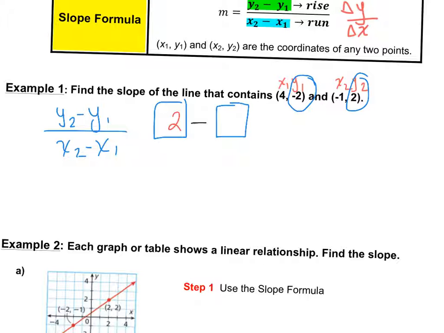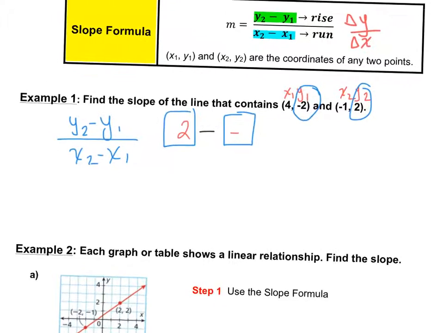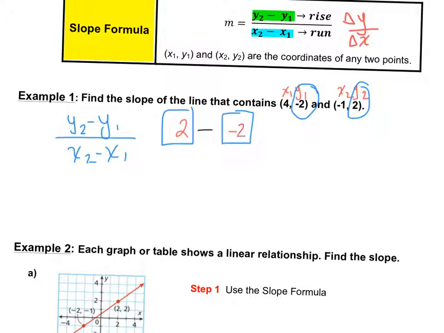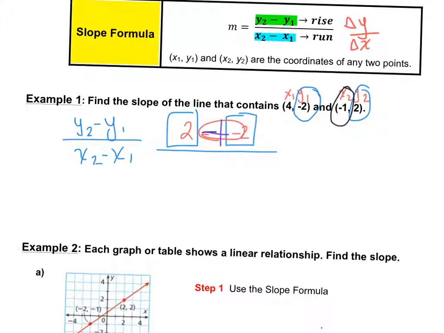So when you subtract negative 2, because that is the value of y1, negative 2, this becomes a positive, over x2, which is my negative 1, minus x1, which is 4. And you get 2 plus 2, which is 4, over negative 1 minus 4, which is negative 5. That slope is considered to be negative 4/5.